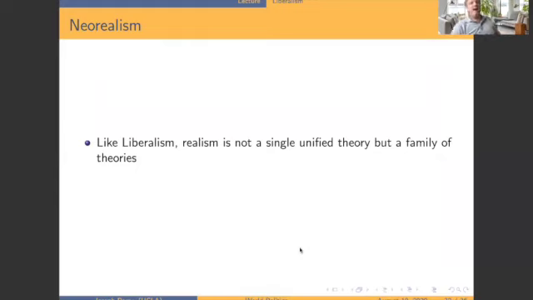Again, remember that, like liberalism, realism is not a single unified theory, but a family of theories. Most realist thought is actually neorealism, introduced by Kenneth Waltz's Theory of International Politics, which gives precedence to the structure of the international system over individual states as an explanatory factor.